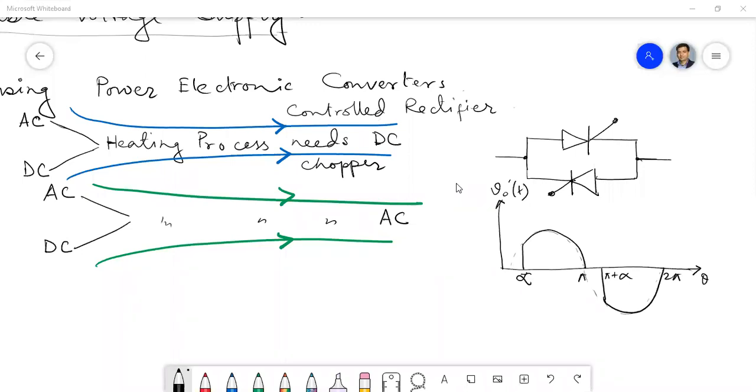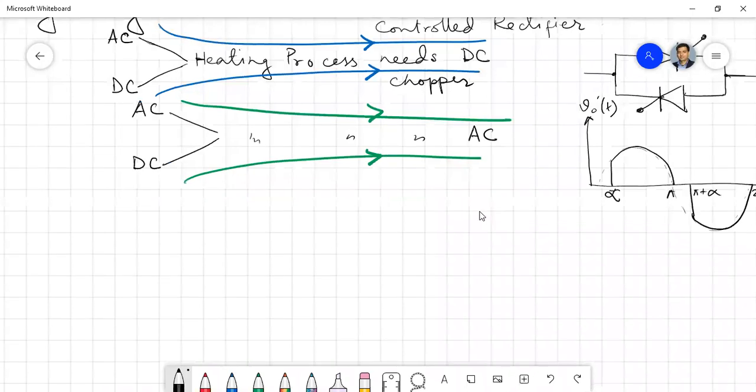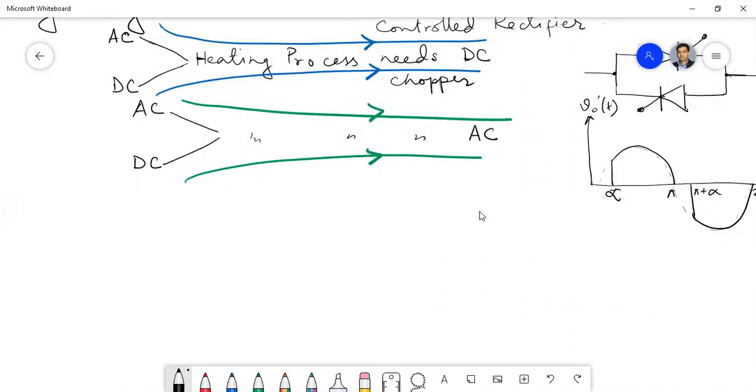Now the next option was the control technique of periodically switching the supply on and off. There we have a typical control called the integral cycle control.